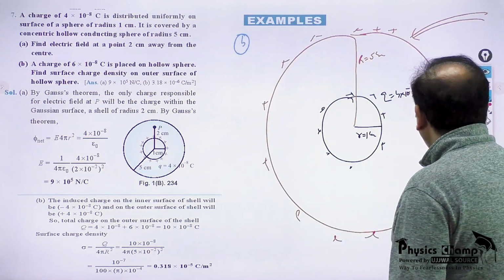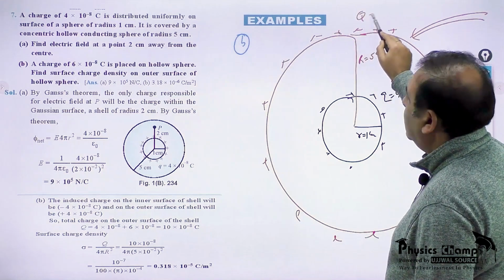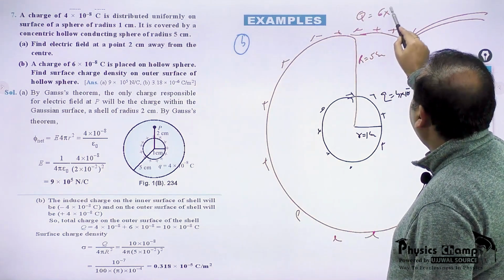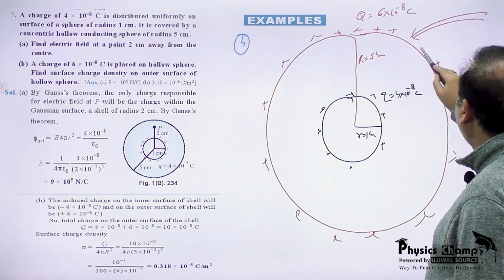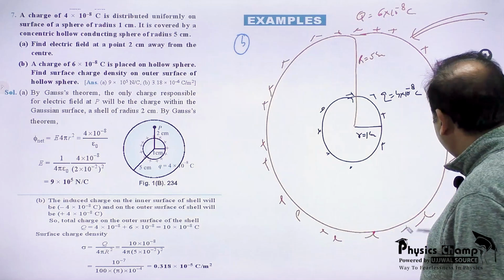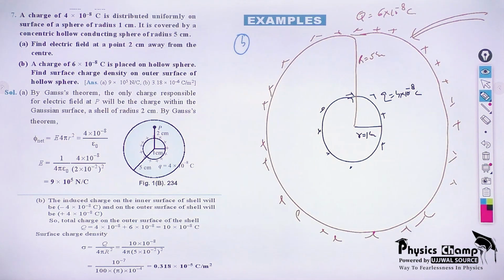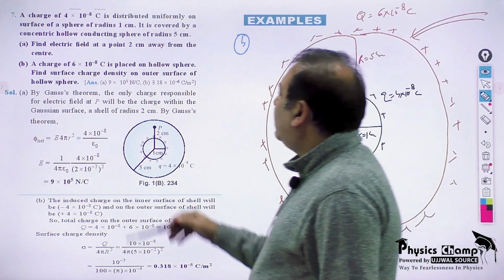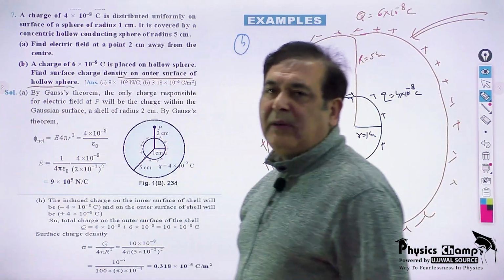The charge which we bring on this has a value 6 into 10 to the power minus 8 coulomb. We are bringing a charge this much onto this. Question is, find surface charge density on outer surface of the hollow sphere.